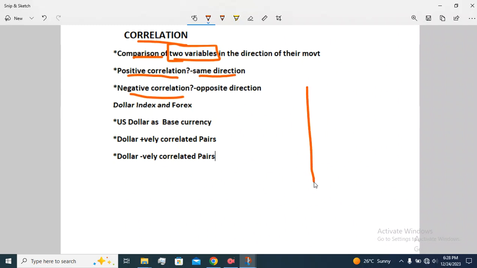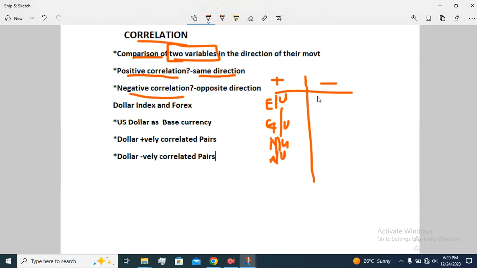Let me draw this T table, whereby we can have the positively correlated pairs and the negatively correlated pairs. On one side, we have EURUSD, GBPUSD, NZDUSD, AUDUSD and others.